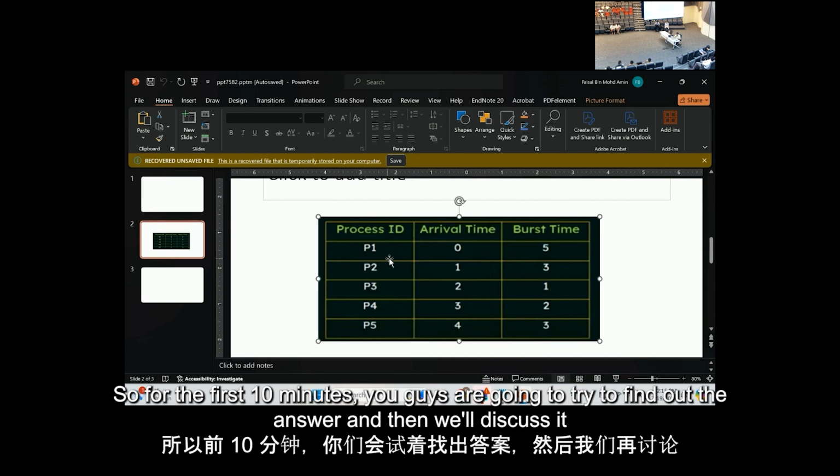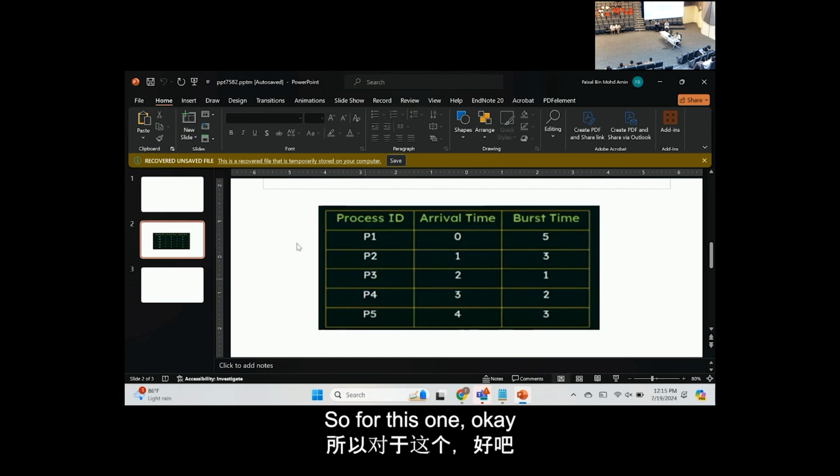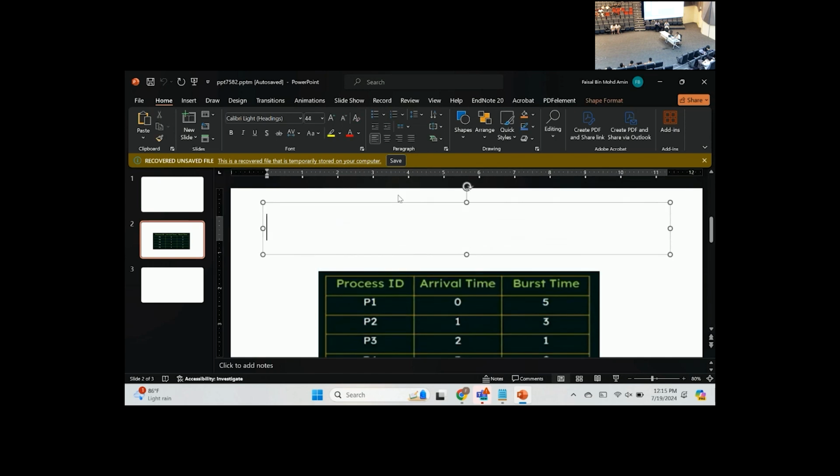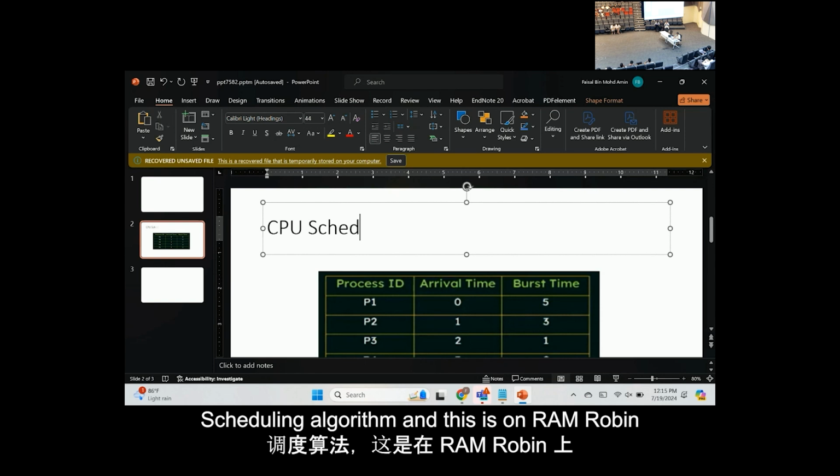For the first 10 minutes, you are going to try to find out the answer, and then we'll discuss it. This one is on the CPU scheduling algorithm, and it is on round robin.